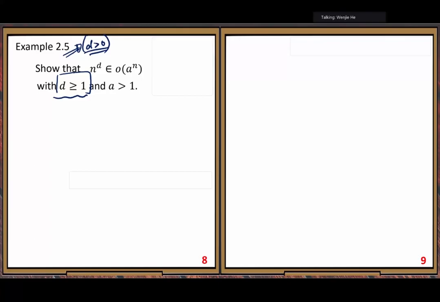When we apply L'Hopital's rule, we need to take derivatives. But we know the derivative of the exponential function and also the power function. We know both formulas.